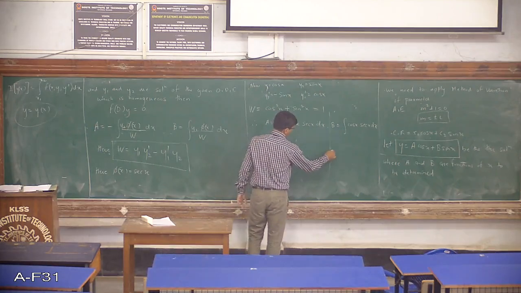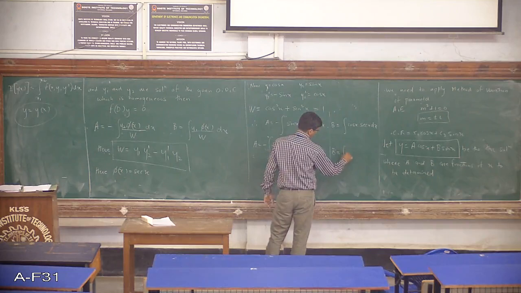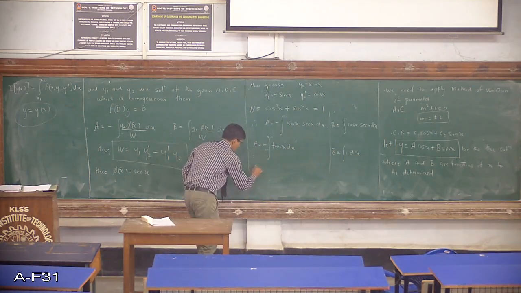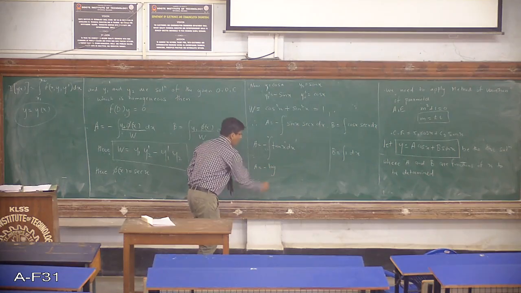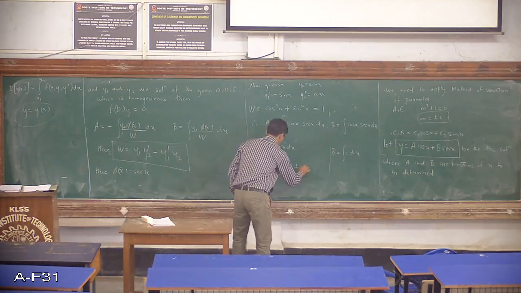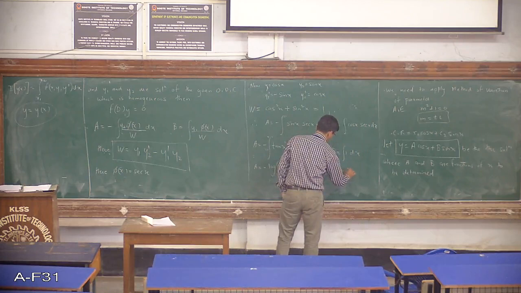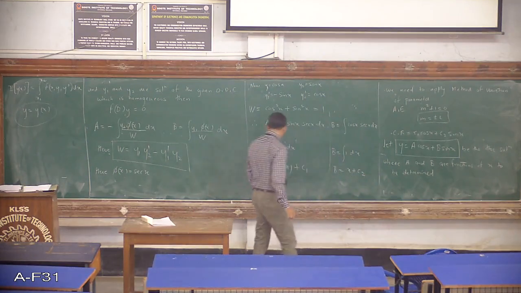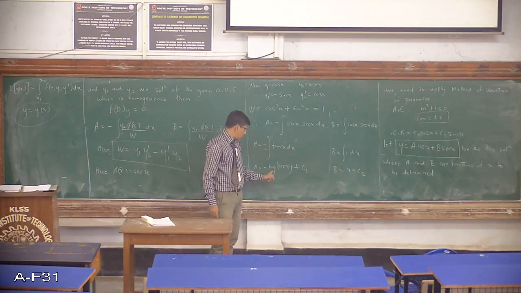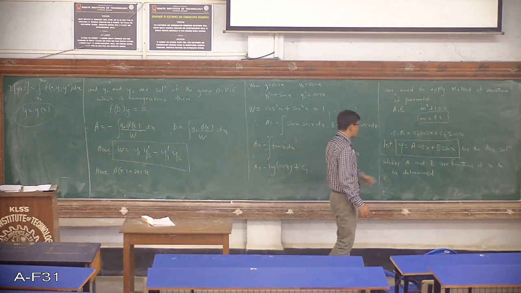And for b, sec x and cos x cancel, so it is the integration of 1 dx. So the value of a is minus log sec x plus c1, and the value of b is x plus c2.